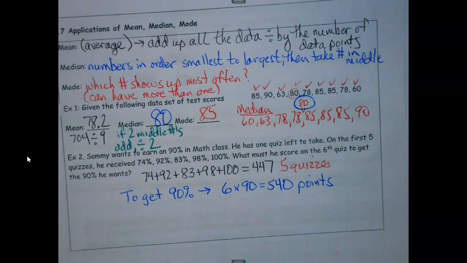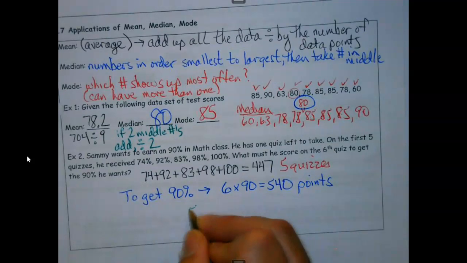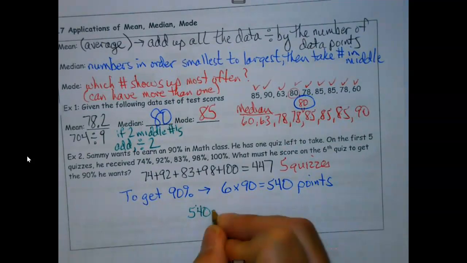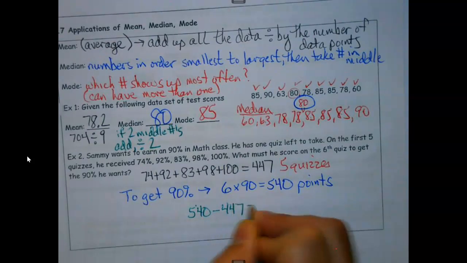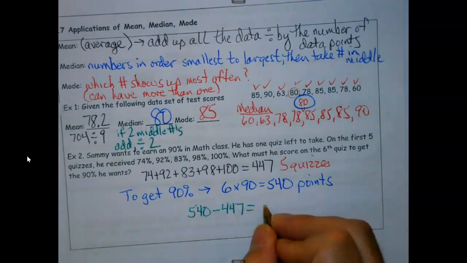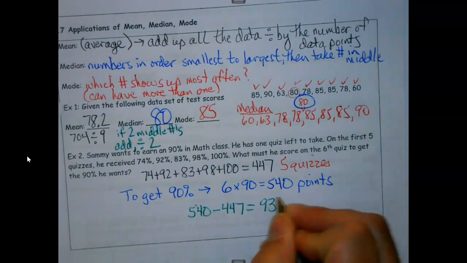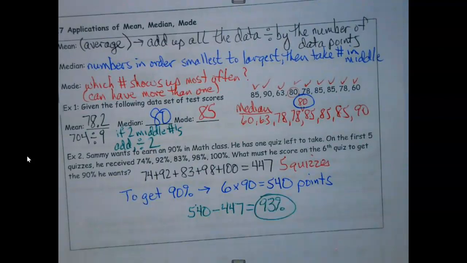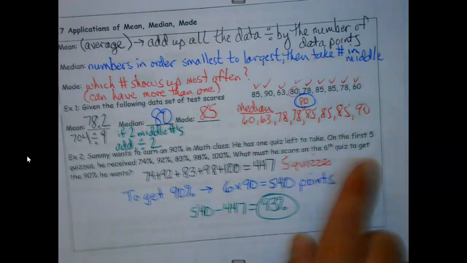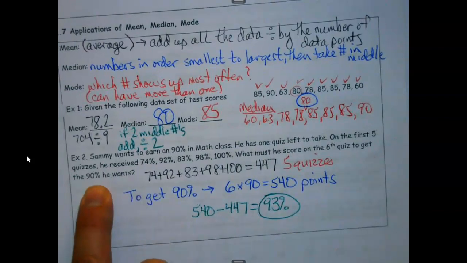I don't even have to deal with an equation or make a variable. All I'm going to do is take the number of points I need minus the number of points I have. Let's see, 540 minus 447. And I'm set. What's that? Yeah, 93%. What's that? Because it says, what must he score on the 6th quiz to get the 90% average he wants?